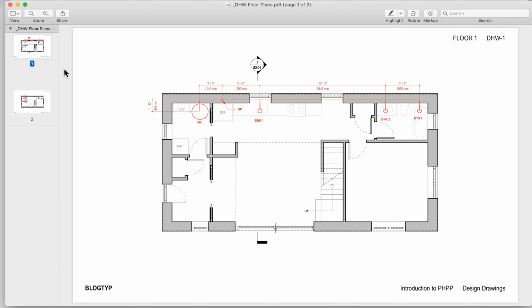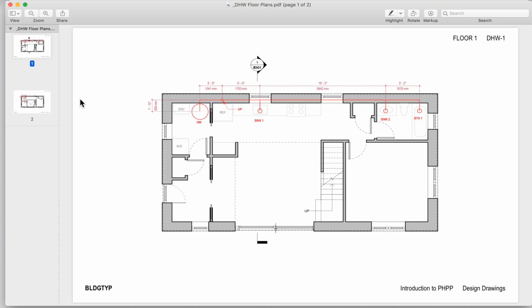Instead, we're just going to have a series of branch pipes. So let's talk a little bit about how the system is configured, or the proposal for the system configuration. We're going to have our hot water tank here in the mechanical space. The hot water tank is going to feed a main sink in the kitchen, as well as a second sink and a bathtub or a shower in the bathroom here.